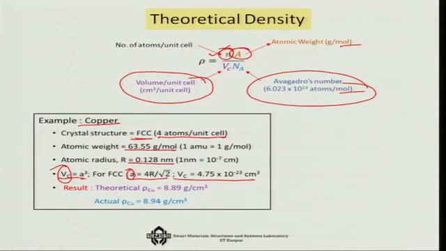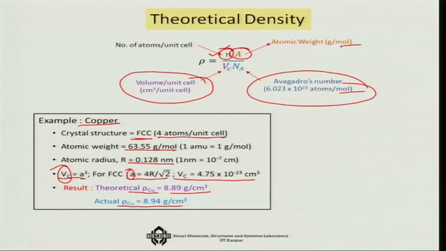So, we know the volume, and you also know the weight. If you calculate, you will see the theoretical density will come out to be 8.89 gram per cm cube. In fact, the density of pure copper is about 8.94. So, our theoretical density calculation is quite close to what it should be in practice.